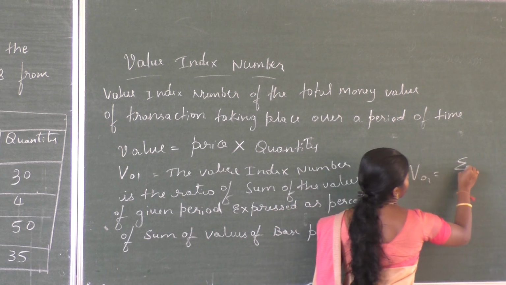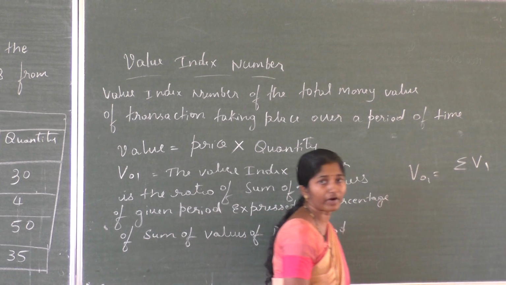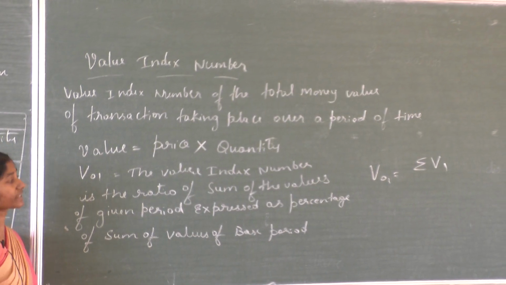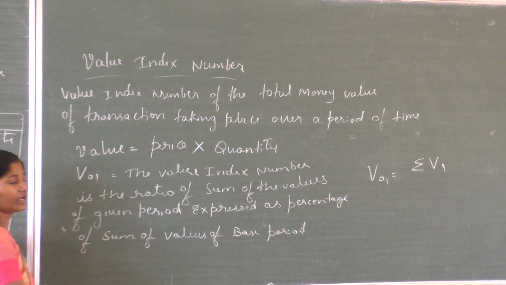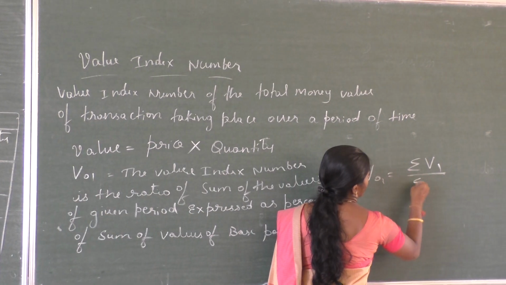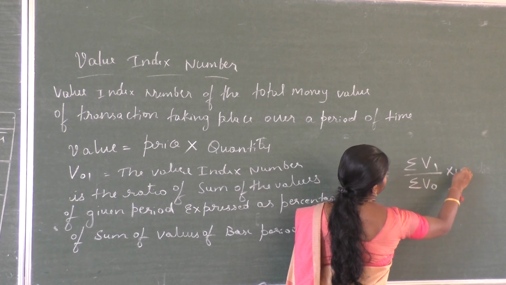V01 is equal to the sum of the values of the given period, that is V1, divided by the sum of the values of the base period, that is V0, into 100.